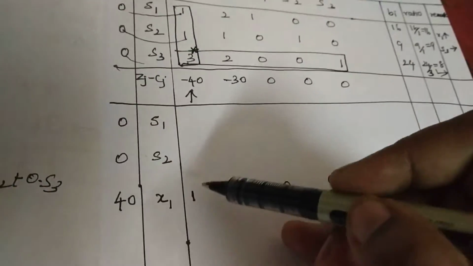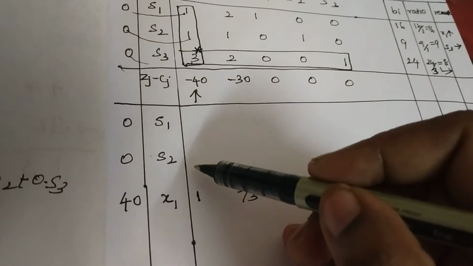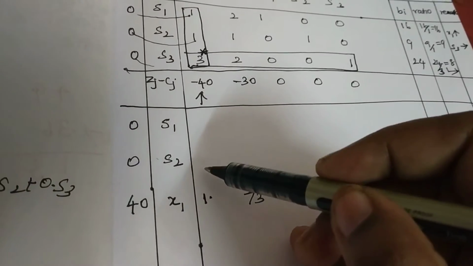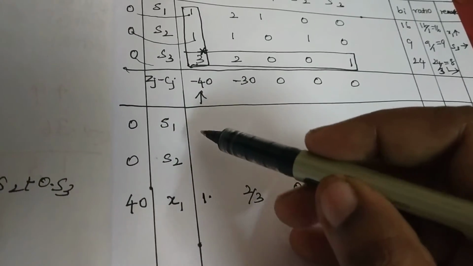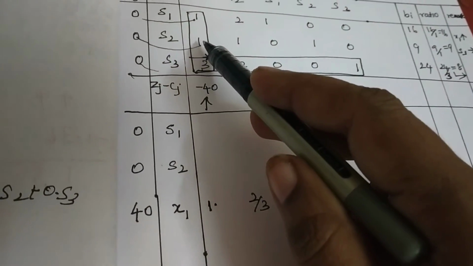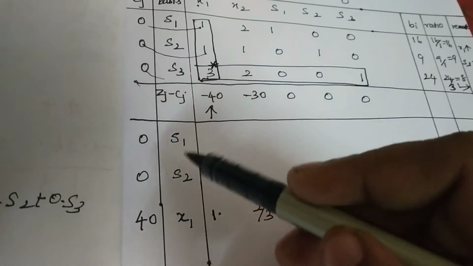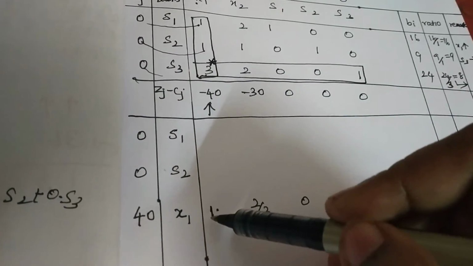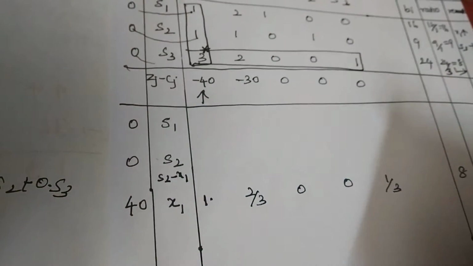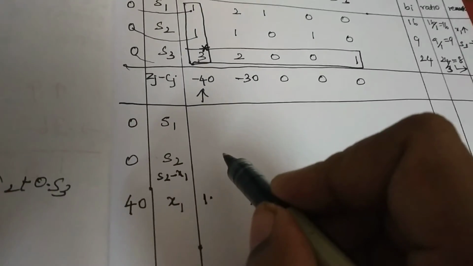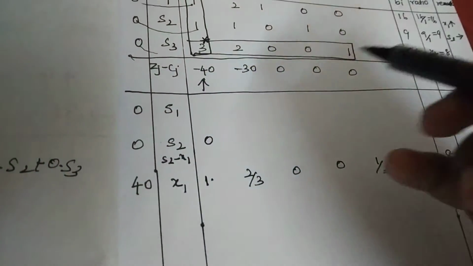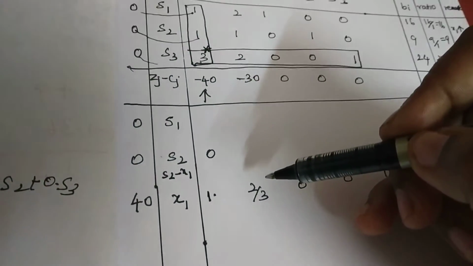Other than the pivotal element, all the elements in this column should be 0. For this we have to do some calculation, that is S2 minus X1. That is the important one. So 1 minus 1 is equal to 0, and then 1 minus 2 by 3.